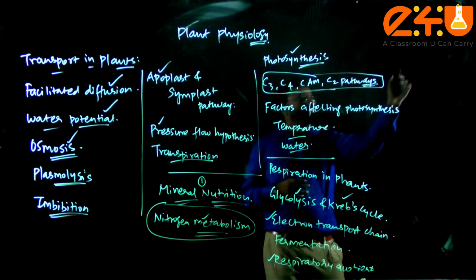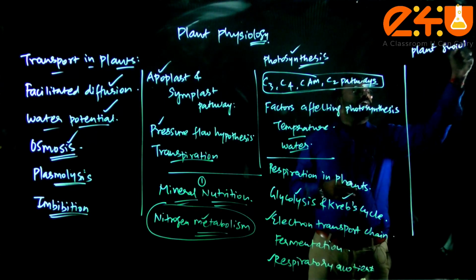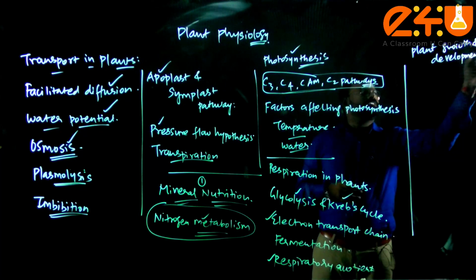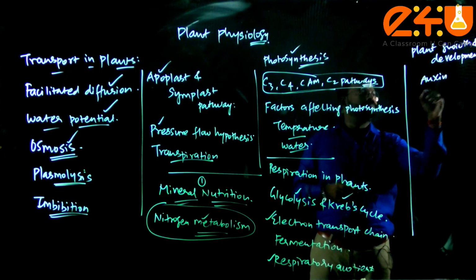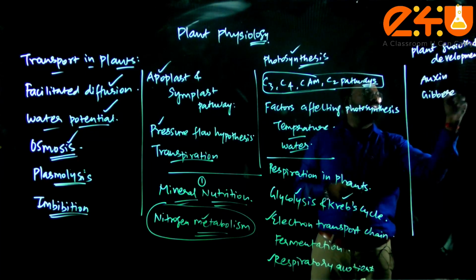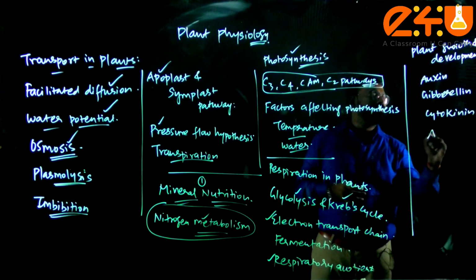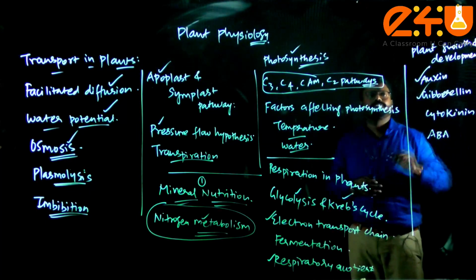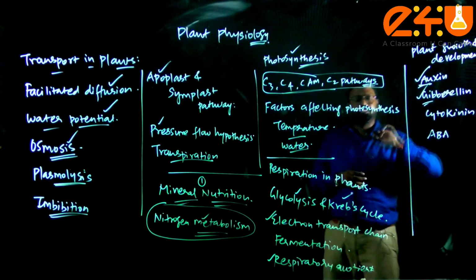After that, the chapter plant growth and development. Here in plant growth and development: auxin, gibberellin, then cytokinin, abscisic acid. In this, the most MCQs are from auxin and gibberellin.